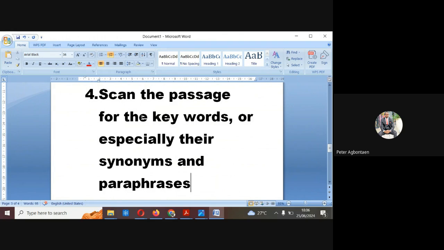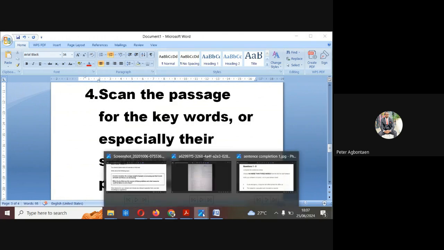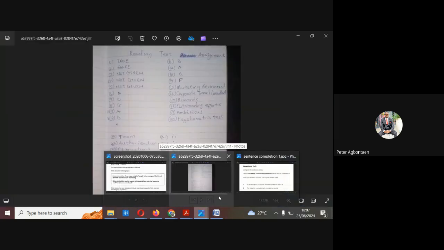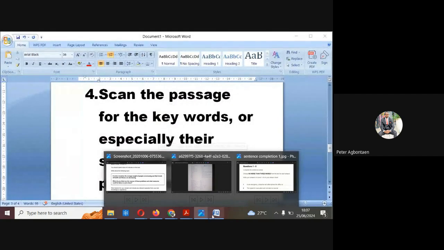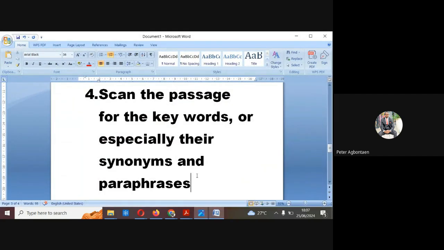So you are not reading just to understand. You are reading to locate a specific, definite piece of information, which in this case is a keyword that you've already underlined.